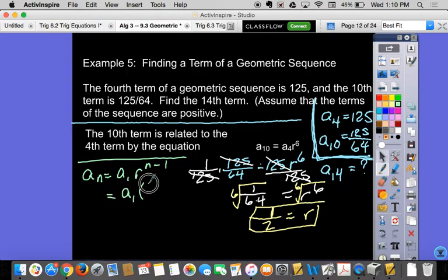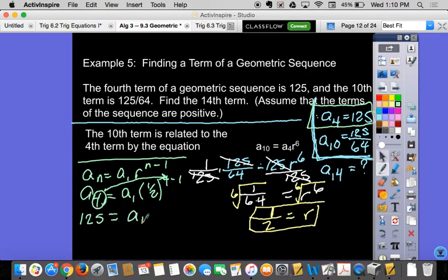Your r is 1/2. You can use any of these pieces that we've done so far. I just use this top one, a sub 4. If you put a sub 4 right there, that means I'm going to have 4 minus 1, and I'm getting the 4 from the fact that I put a 4 there. So a sub 4, we said, was 125.